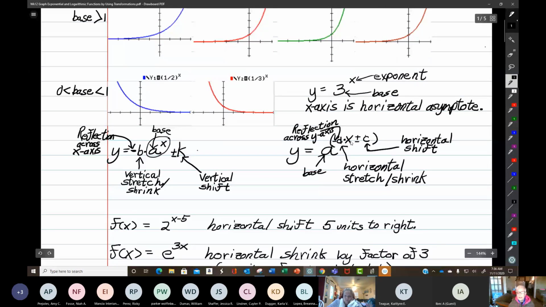A number in front of the x is the horizontal stretch or shrink. A number added or subtracted to the x is a horizontal shift either to the left or to the right.